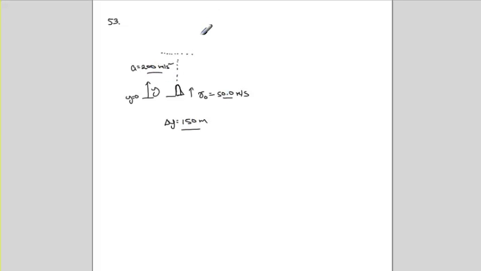Now the second part is where it goes up, slows down, and finally gets to a peak. So that's the peak part. Here we have another initial velocity, which we'll call V0 blue. We don't know what that is, but V0 blue is equal to the final velocity, black.